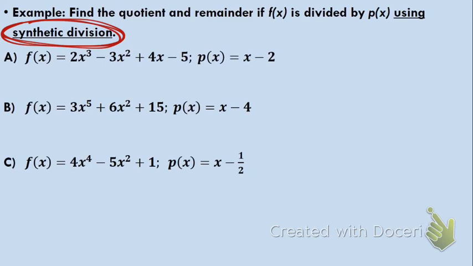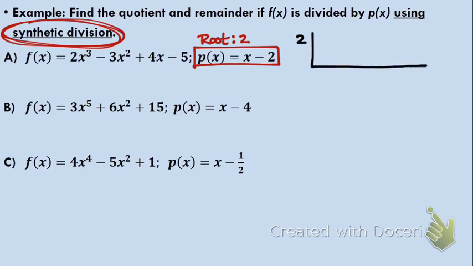So what is my root on the first one, part A? 2. So I need that on the outside. I need my coefficients inside, starting with the highest power of x. What's the coefficient on the highest power? 2.